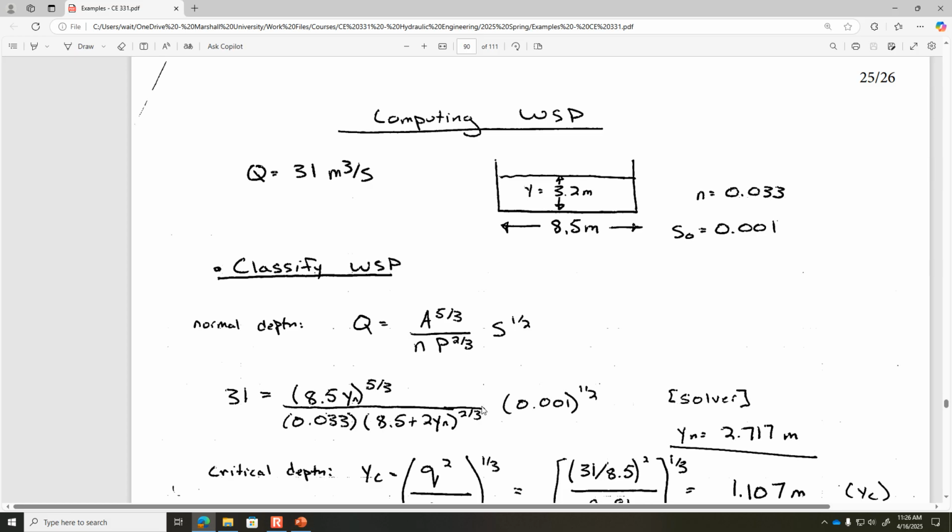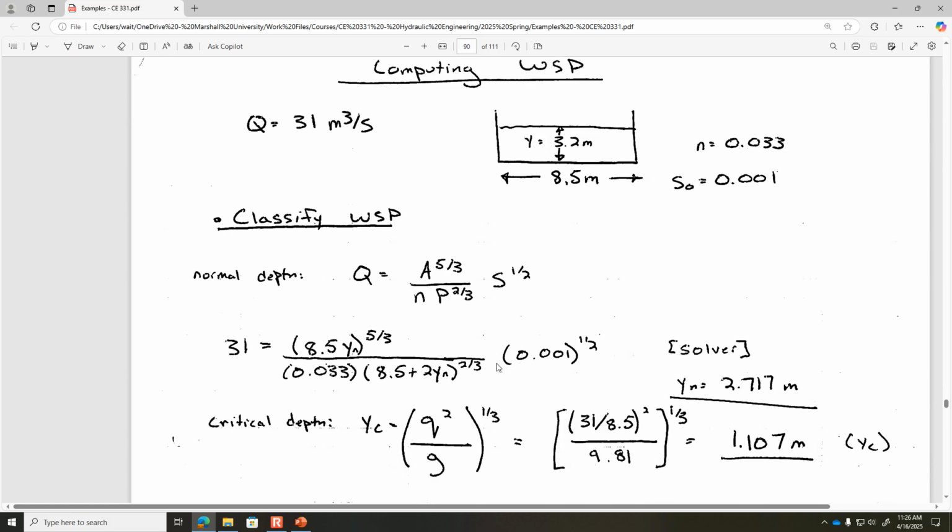And then the critical depth we need to know, because remember, classifying the water surface profile is you're comparing y to yc to normal depth. Here the critical depth is, since it's rectangular, we can just say flow per unit width, lowercase q squared divided by g, to the 1/3 power. So 1.107.